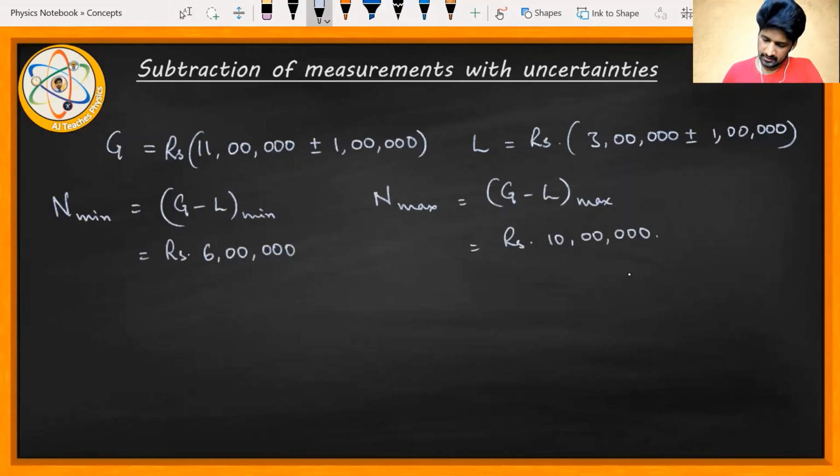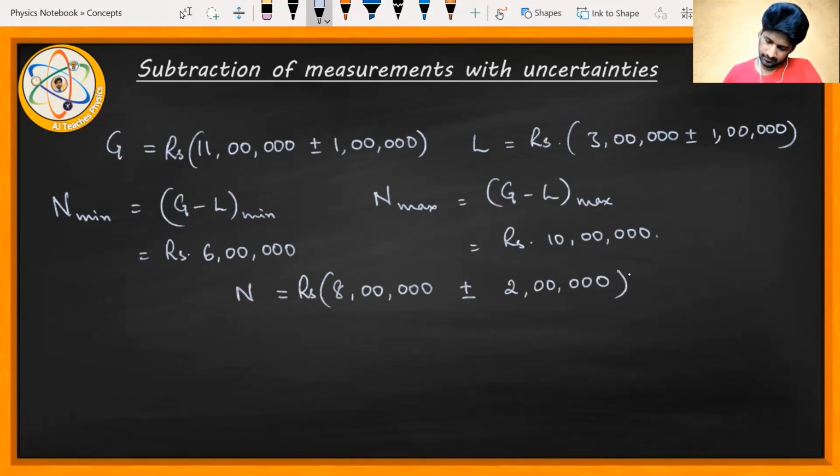Now, if we express N as a range, we could write it as the mid value of 6 lakh and 10 lakh, that is 8 lakh, plus or minus 2 lakh, in rupees.